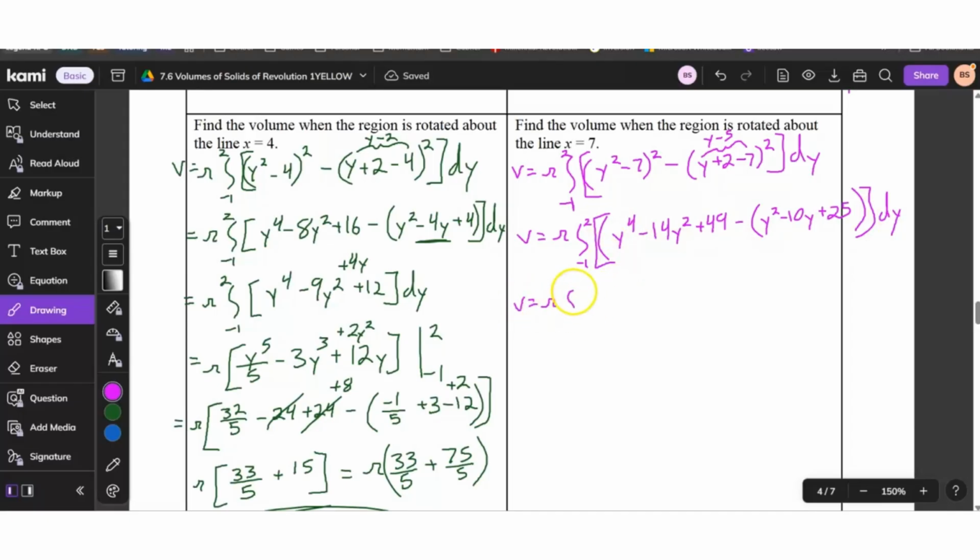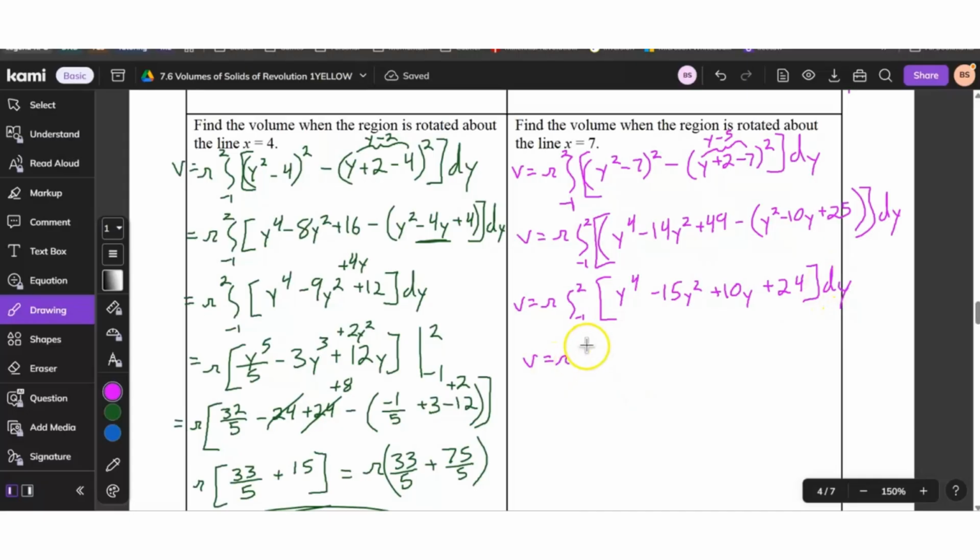Then we combine those like terms. So y to the 4th is by itself. We've got 14y squared minus y squared, which is going to be minus 15y squared. And then we got minus negative 10y, so that's plus 10y. And then 49 minus 25 will give me plus 24. Then we're going to integrate.